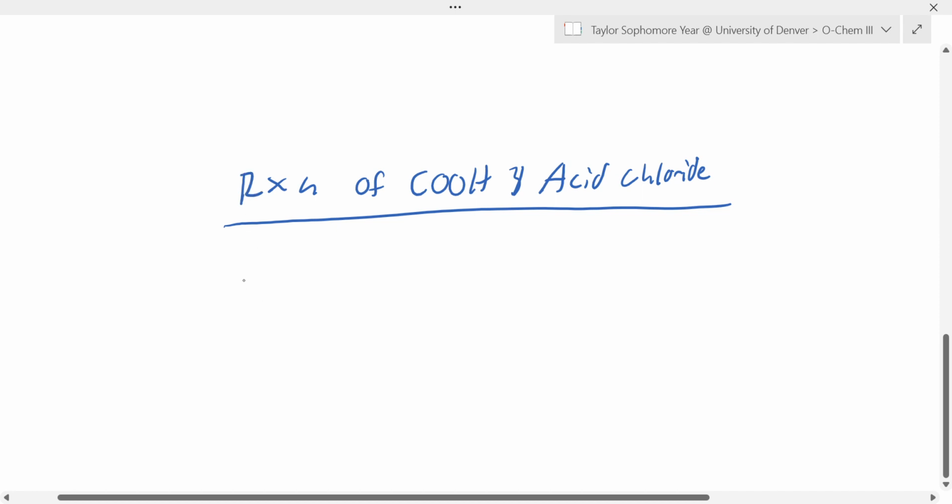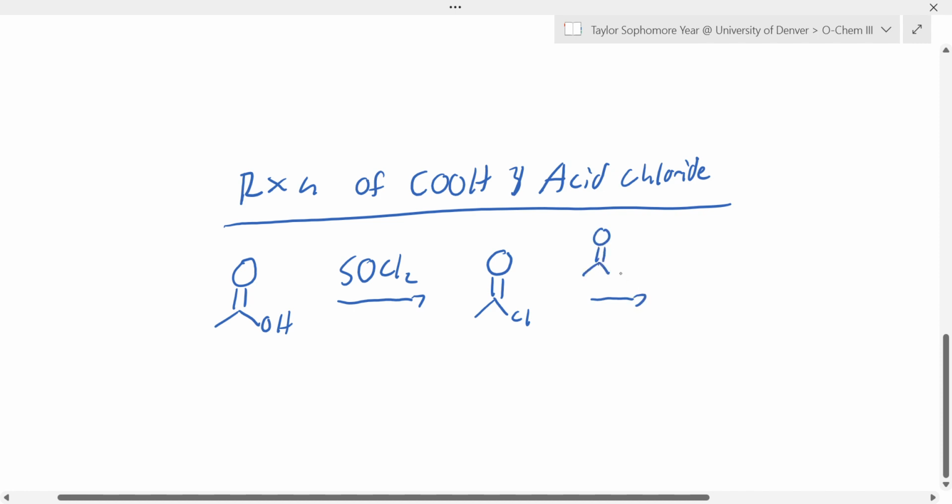And this reaction starts with another carboxylic acid, where we use SOCl2 to create this, using another carboxylic acid and pyridine, to create a final product of anhydride.